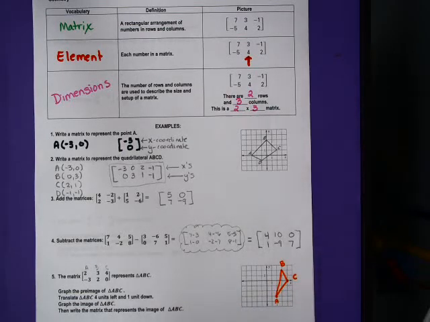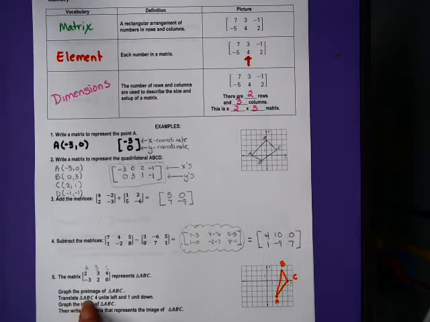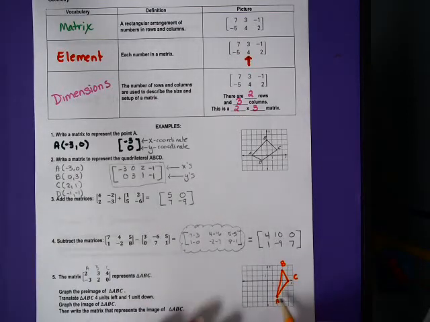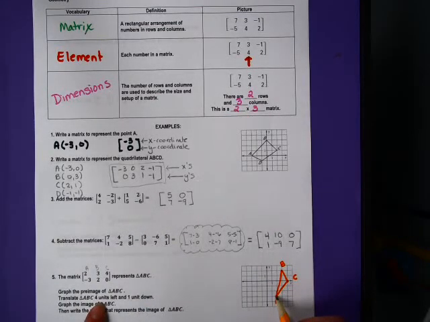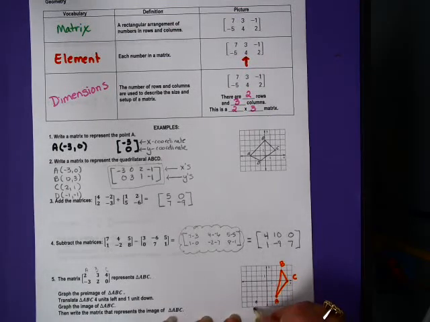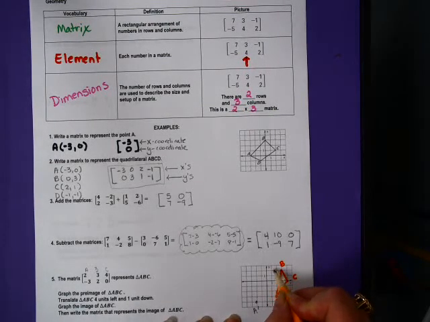There's the original. Now it says translate triangle ABC 4 units left and 1 unit down. Okay, so 4 units to the left, 1, 2, 3, 4, 1 unit down. This right here, that would be A prime. 1, 2, 3, 4, 1 down, that's B prime.